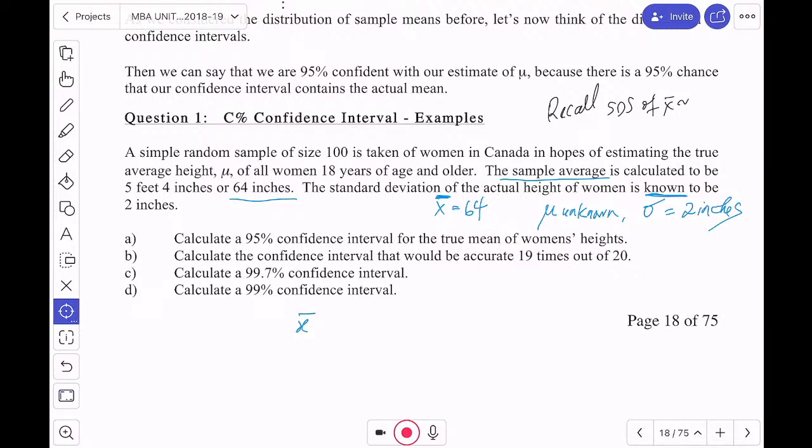Now here we don't have any information on the original distribution, but we're told n is equal to 100.